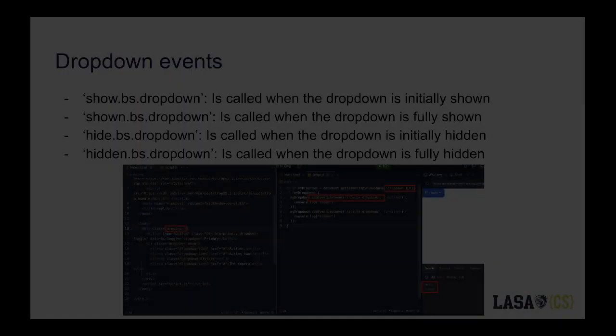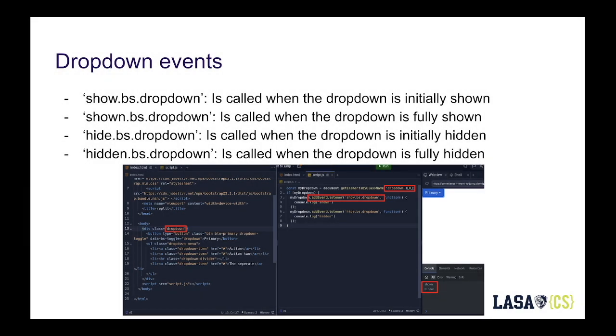So lastly, dropdown events. There are 4 main events for Bootstrap dropdowns: show, shown, hide, and hidden. When you're doing it in JavaScript or jQuery, you need to create some variable to point to the div class that contains the button and the list.